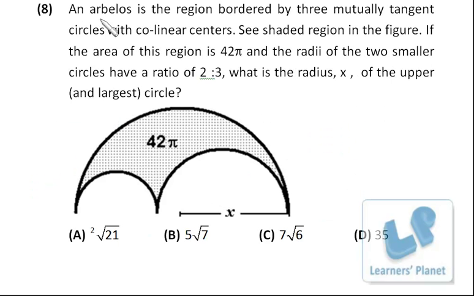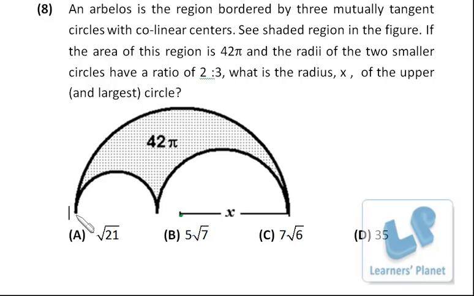Now, an arbelos is the region bordered by 3 mutually tangent circles with collinear centers. See the shaded region in the figure. If the area of this region is 42 pi and the radii of the 2 smaller circles have a ratio 2:3, what is the radius x of the upper and the largest circle? Okay, fine. So this is the center of this large circle, right?